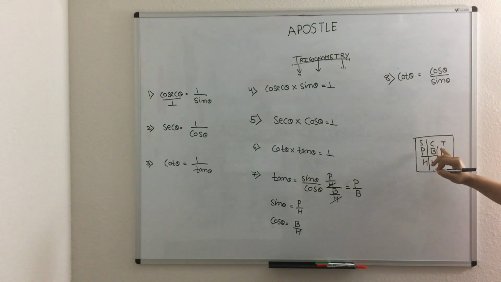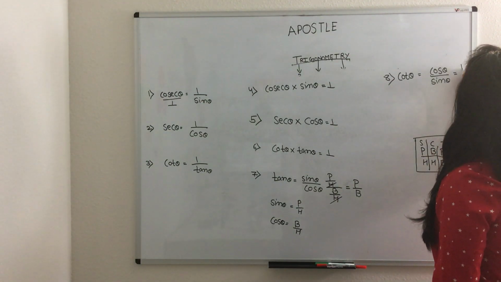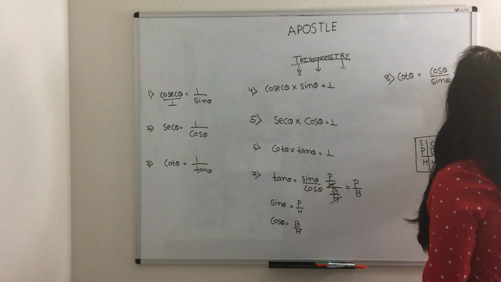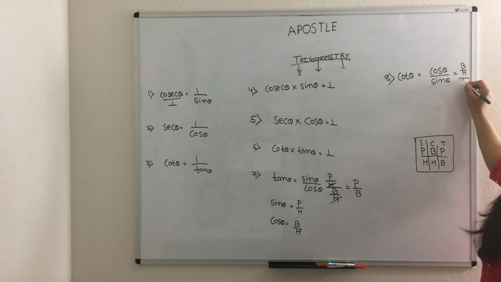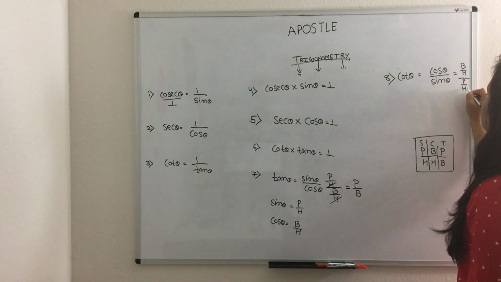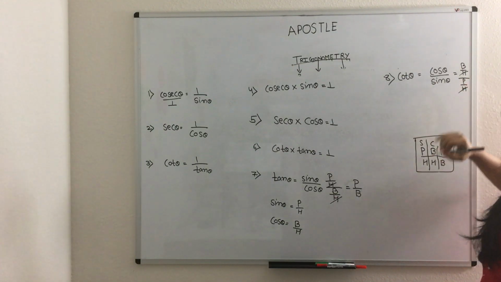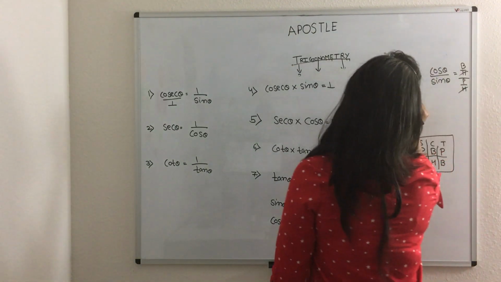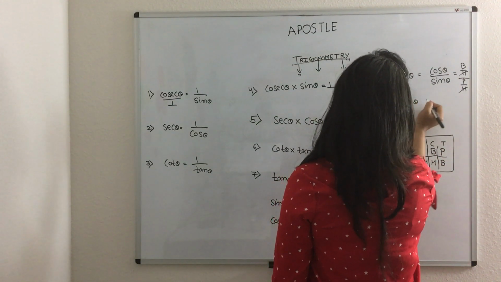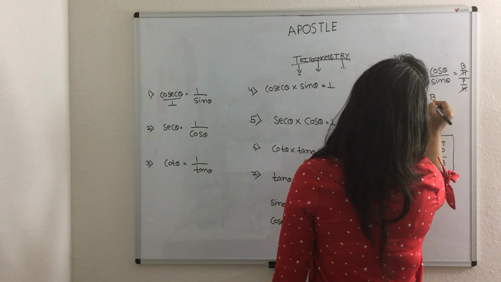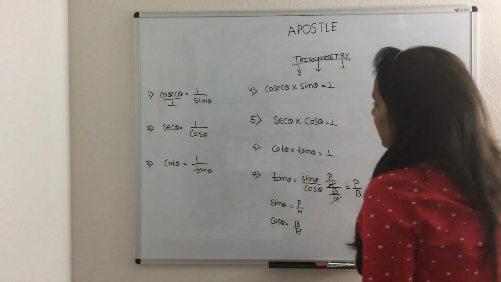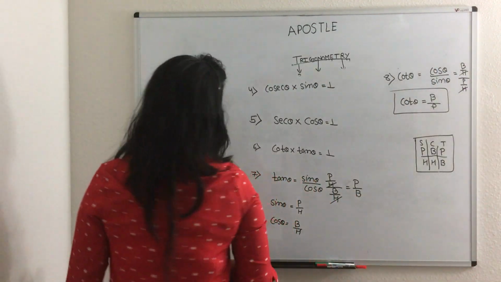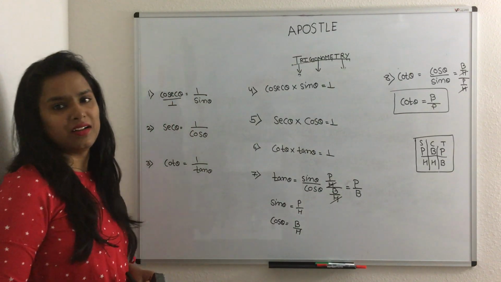So the second column gives the value of cos theta, that is b by h, and the first column gives the value of sine theta, that is p by h. In this case we can cancel h by h, and left is cot theta equal to b by p. So we can also write cot theta as b by p. Now this is clear.